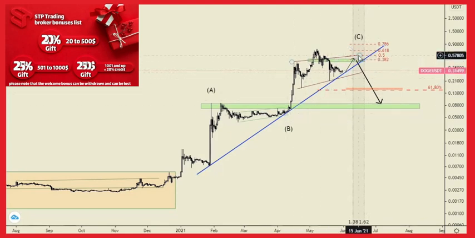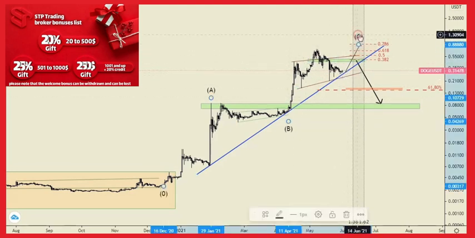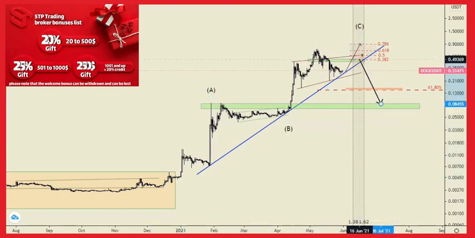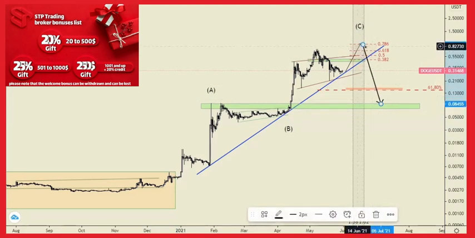For this C wave to be a triangle, the end of the bullish trend is 78%, and after that a reversal and trend change should be formed on the chart so that we see the correction, of course.